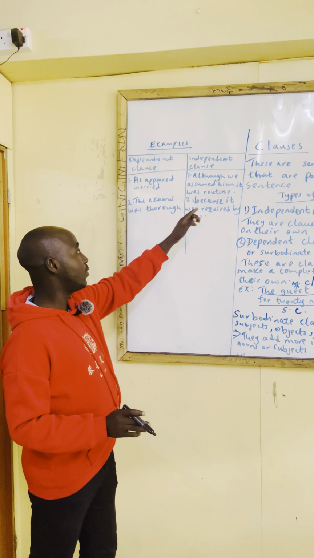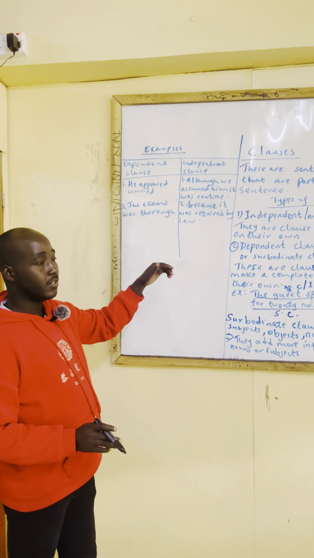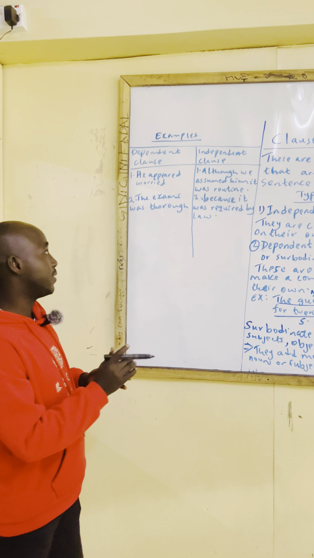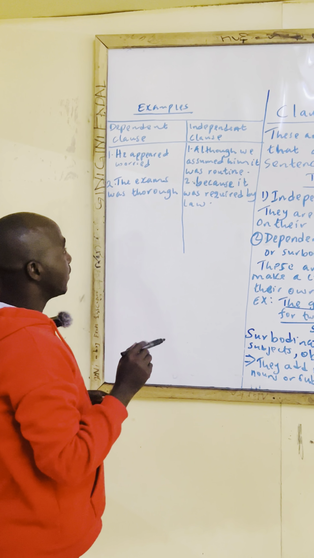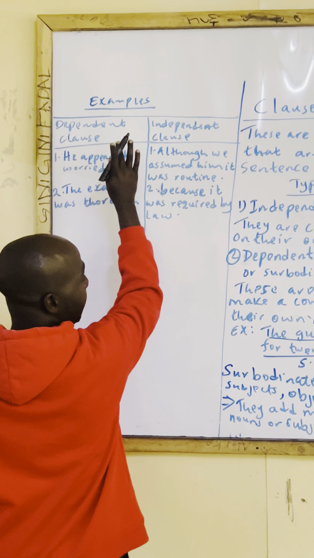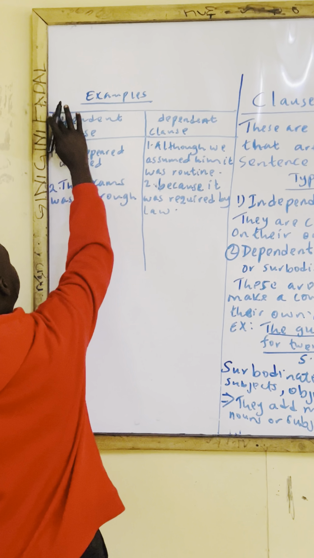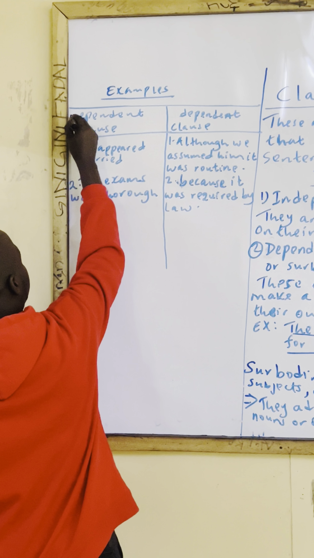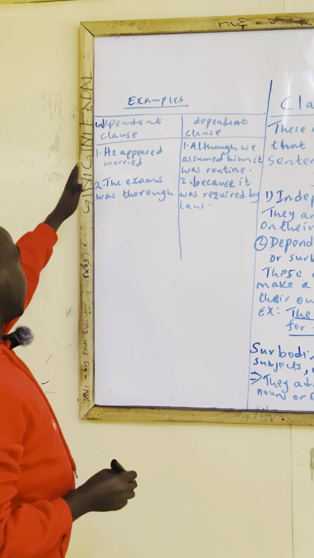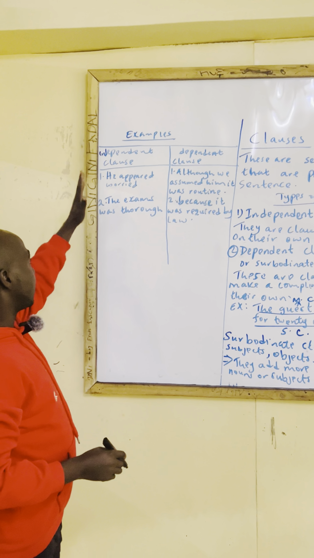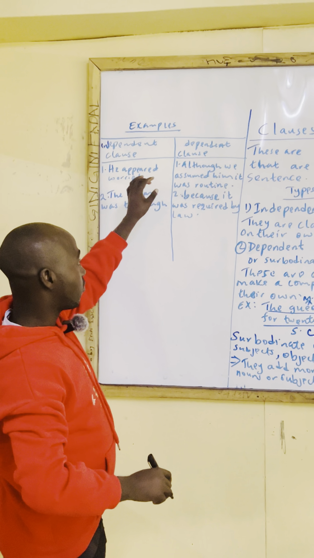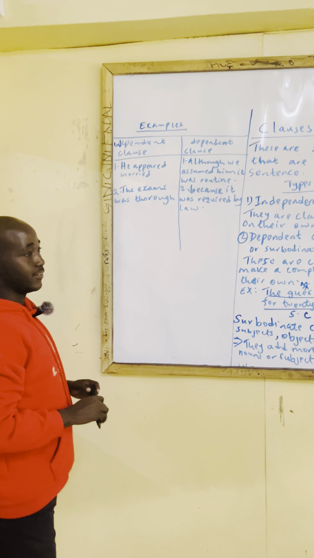But when you say, although we assumed him, it was routine, some information is missing, so it cannot stand on its own. It becomes a dependent clause, and the other one is independent. The one that conveys a complete meaning is independent, while the one that does not show complete meaning is called a dependent clause.